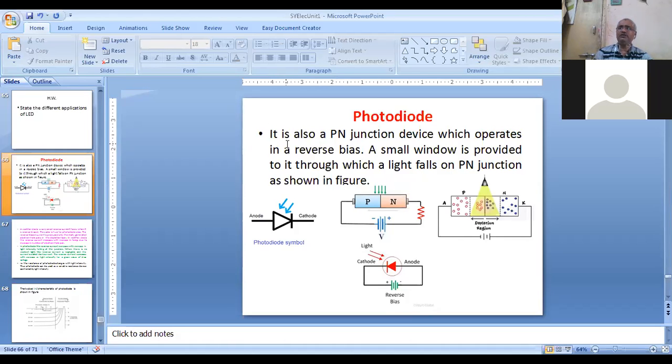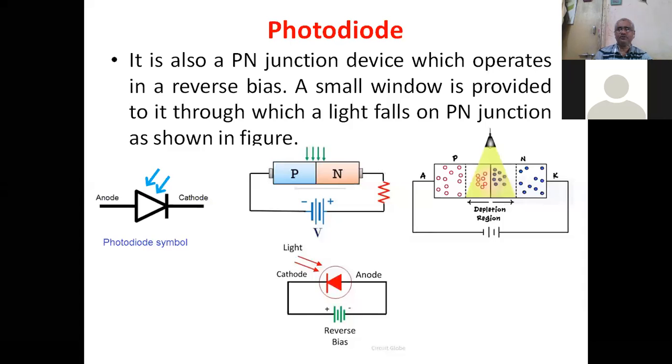So it is a PN junction device which operates in reverse bias, and at the junction a small window is provided, so that light can fall on the junction. This is the P region, this is the N region, and this is the light falling on the junction.